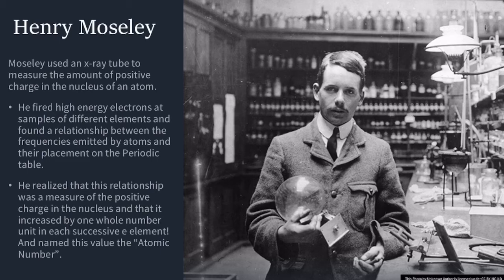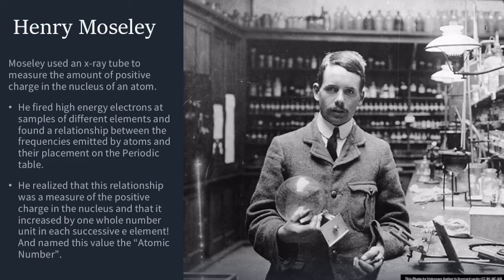He used an X-ray tube to measure that amount of positive charge in the nucleus of an atom. And so he fired these high energy electrons at different samples of elements and found a relationship between the frequencies that were emitted by those atoms and their placement on the periodic table. And he realized that this relationship he discovered was the measure of the amount of positive charge in the nucleus of those atoms, and that it actually increased by one whole number unit with each successive element on the periodic table.